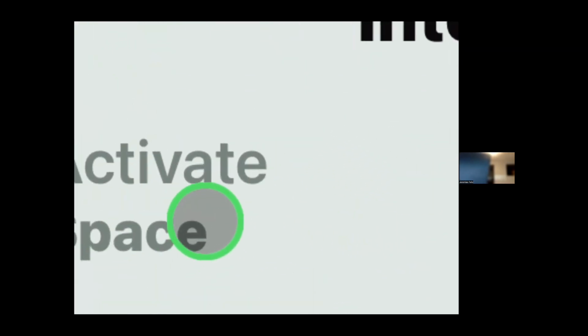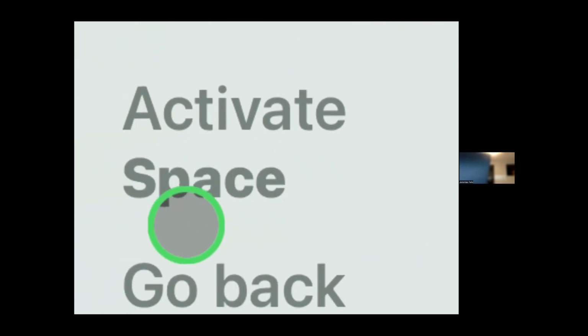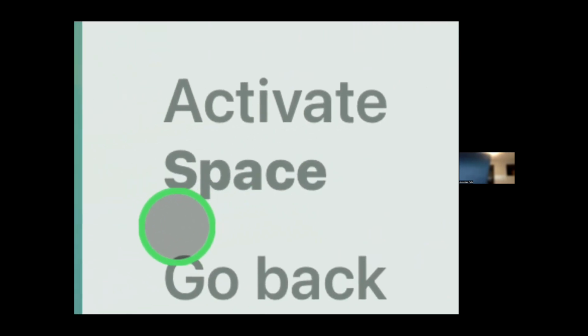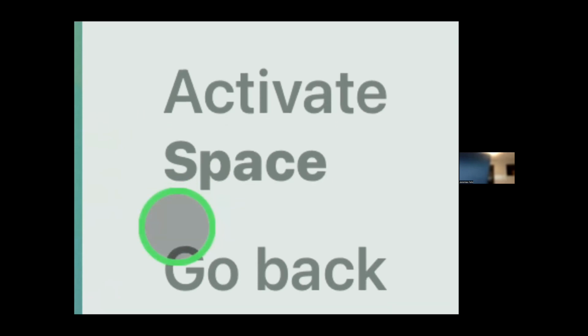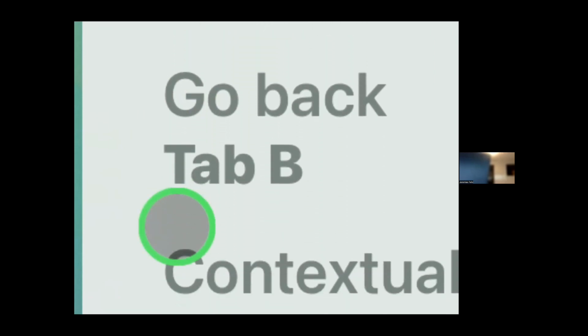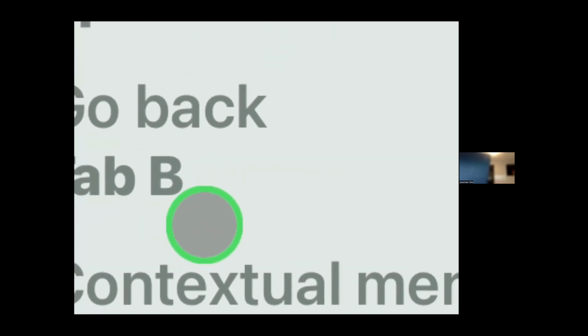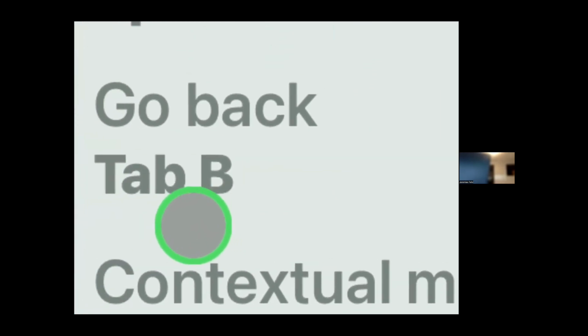But interactions? So how do we interact with these things? An interaction, for example, would be you tab to an app and then you hit the space bar. That space bar would activate it. That's an interaction. Go back, tab B, will go from the second page to the first page, and from the third page to the second page.